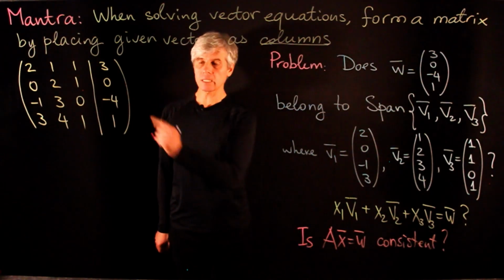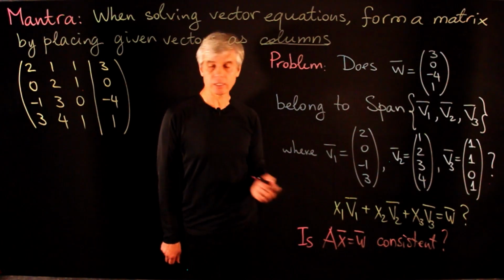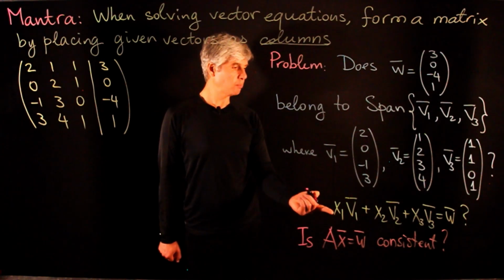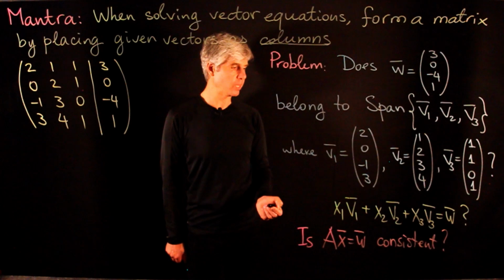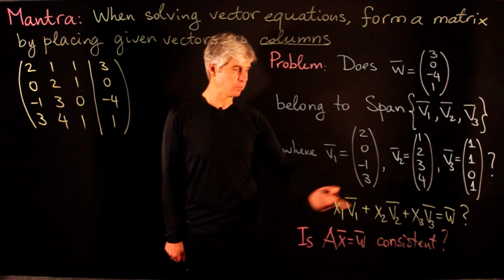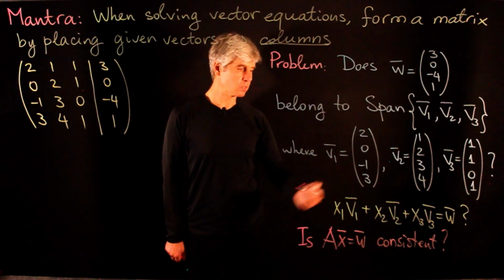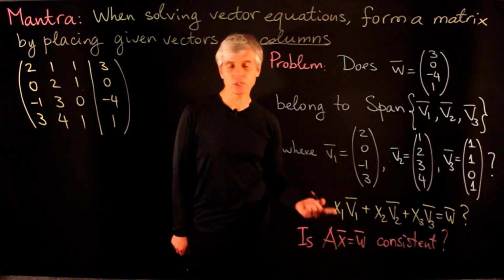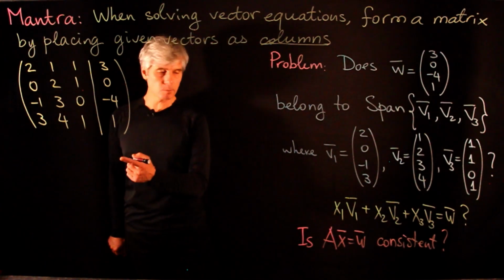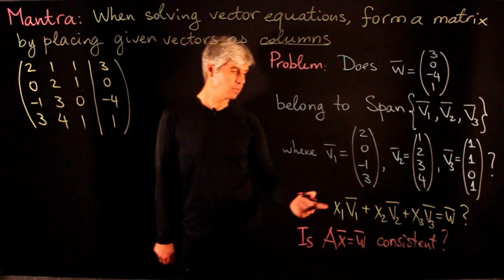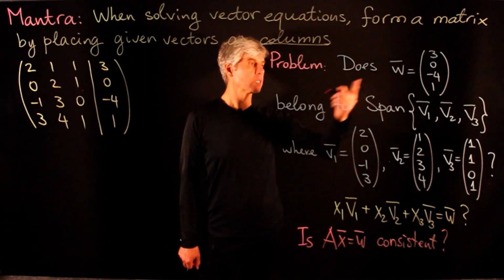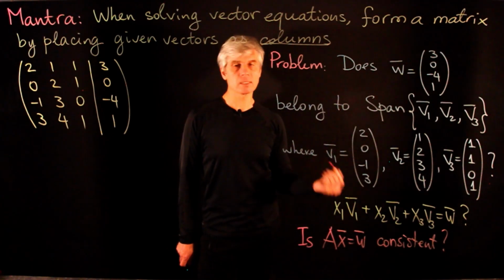If the system has a solution, then we get a positive answer to our question of existence of a solution to this vector equation. And if the system is inconsistent, then the answer to this question about the span is negative.